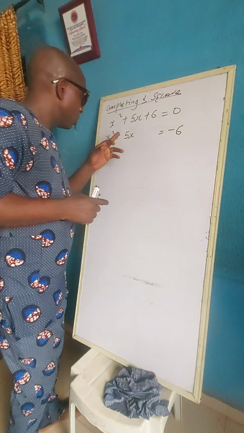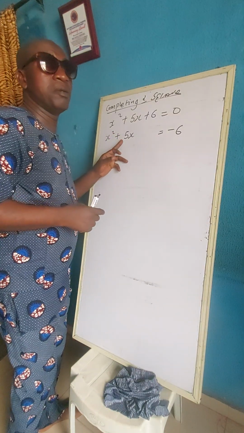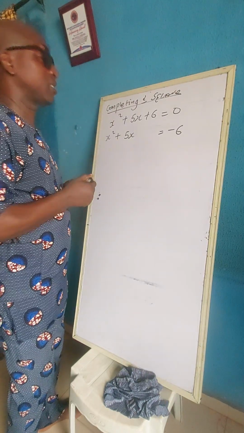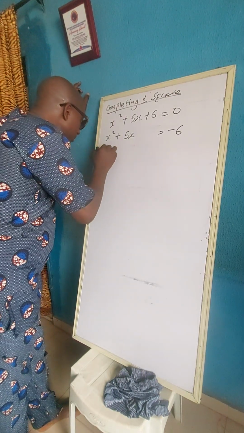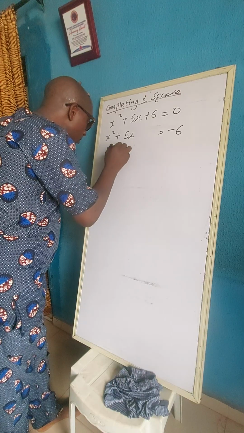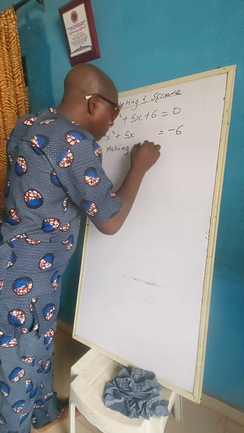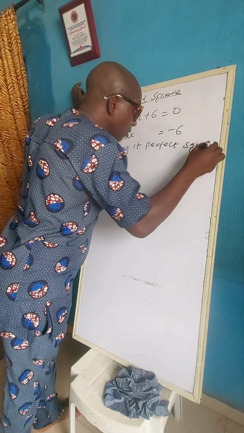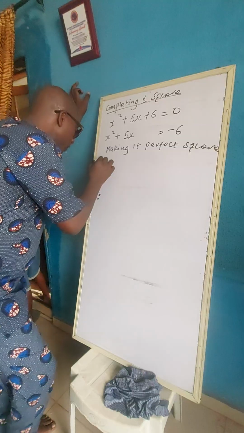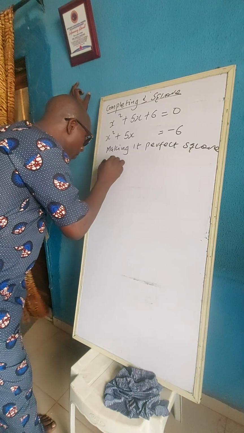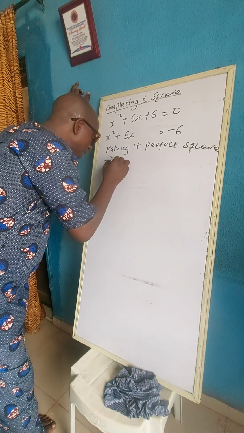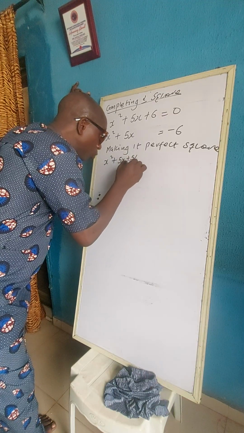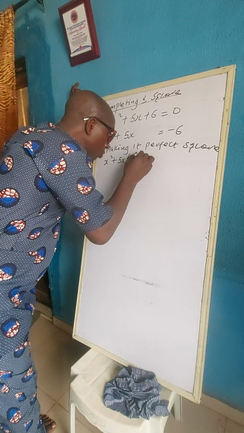It means we divide the middle term by 2, we square it, and we balance it at the other side, making it a perfect square. x squared plus 5x becomes plus 5 over 2 all squared.